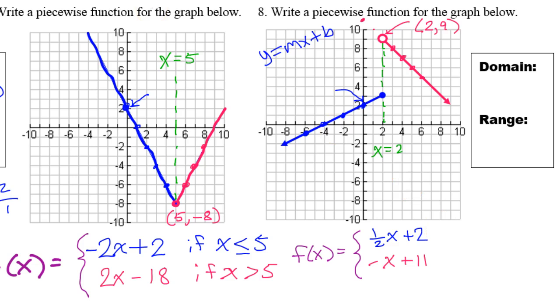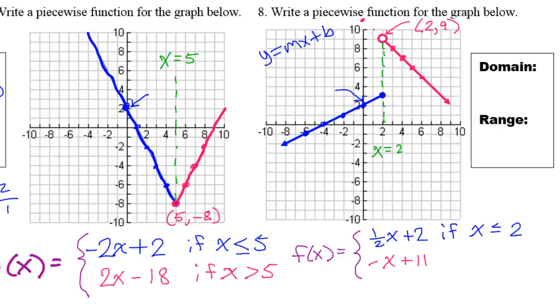So that's what we will use for our domain restrictions. So we will say if x is less than or equal to 2. I said less than because this piece is going to the left. That's where the lesser values are. I said or equal to because it's a closed circle.